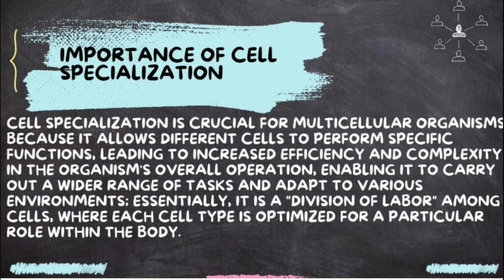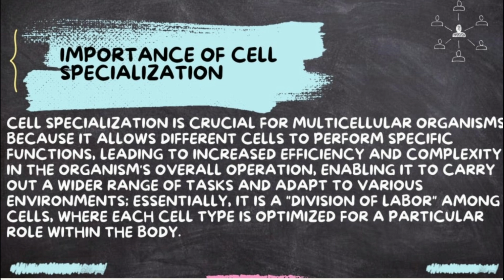So think about it. A neuron or a nerve cell cannot do what a cardiac cell is doing. So you understand why we need cell specialization. Each cell carries out a different function, because each cell cannot do what the other one can do. And this allows for efficiency.